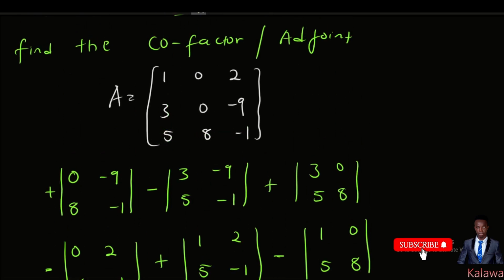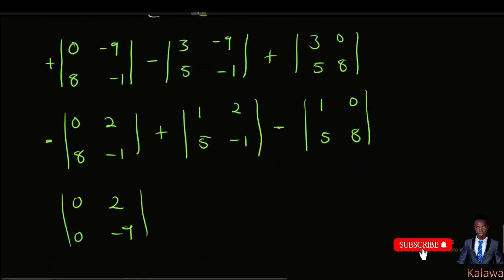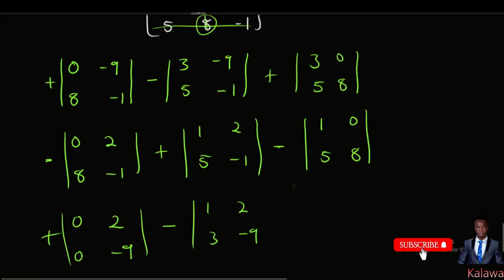We'll find the minor for 8. 8 again, this cancelled. What is left, just follow the sign rule. It's going to be minus. And this is going to be now 1, 2, 3, and 9.